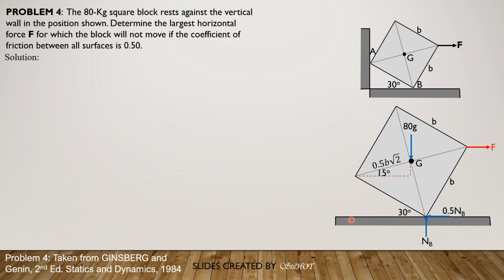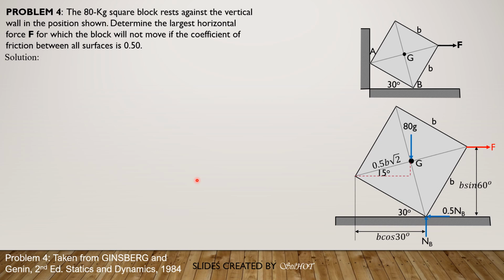Therefore, this moment arm of 80G from B is B cosine of 30 degrees minus 0.5 B square root of 2 cosine of 15 degrees. Then this distance is B, this is 60 degrees, so B sine of 60 degrees.